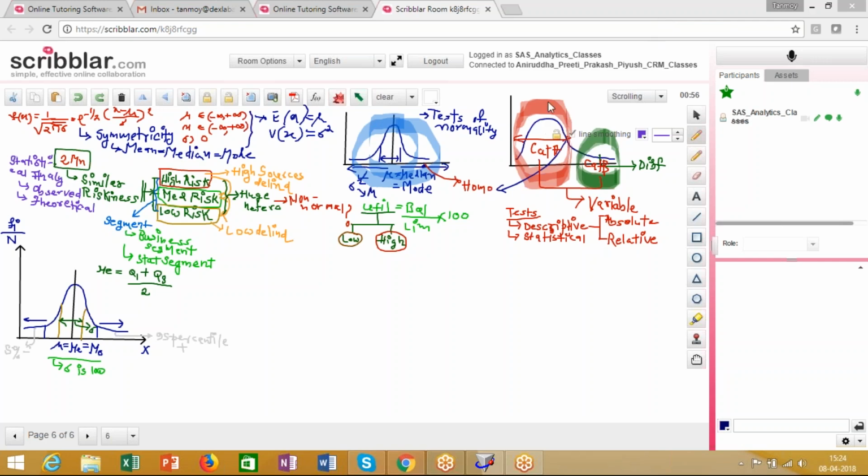Okay, so as I was saying, over here we need to talk about two concepts. One is an observed distribution, the second is a theoretical distribution. So what is an observed distribution? The observed distribution is nothing but the relative frequency distribution that you get from the variable.